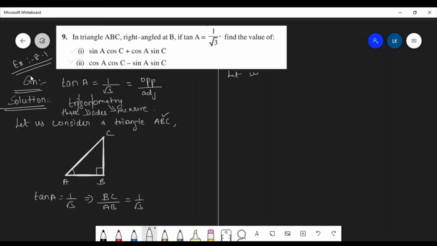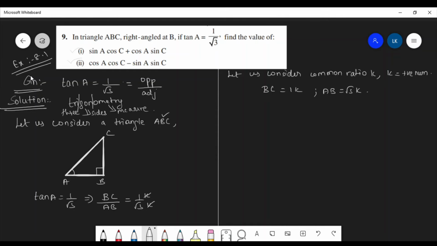Let us consider a common ratio K, where K is a positive number. Therefore BC is K and AB is root 3 K. The common ratio K will get cancelled, and it will become 1 by root 3.